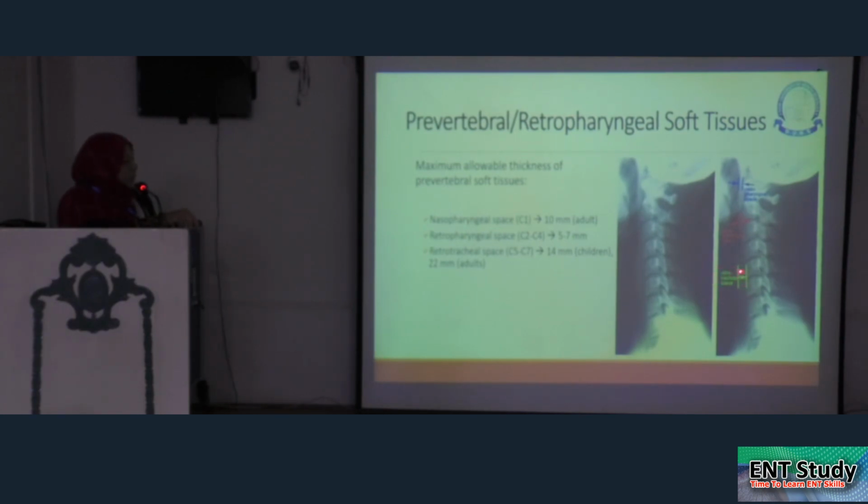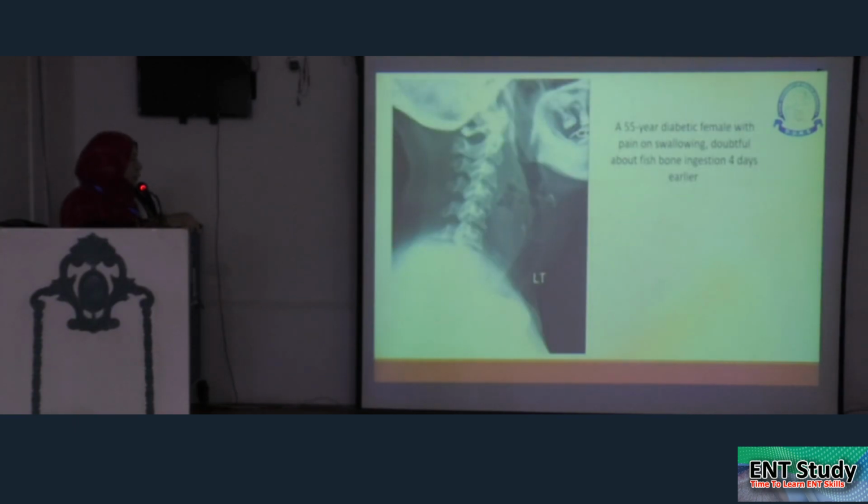In the retrotracheal space, it should be 14 mm in children and 22 mm in adults. Prevertebral soft tissue swelling in a symptomatic patient should be considered an indication for further imaging.